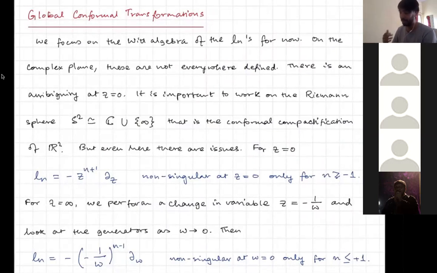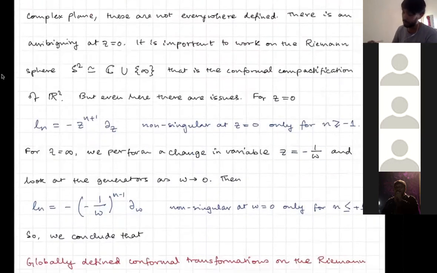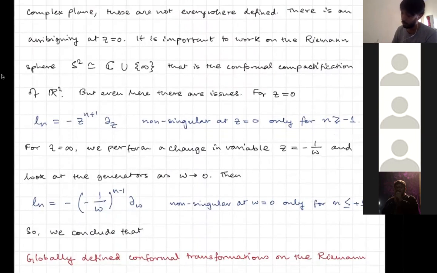Now what we did is we wanted to ask which of these are properly defined everywhere. And there we saw that if you have this expression, it is only going to be non-singular at z equal to 0 if n is greater than or equal to -1.